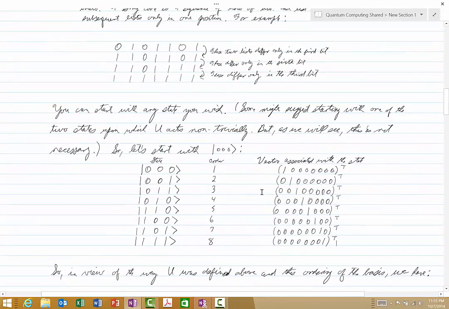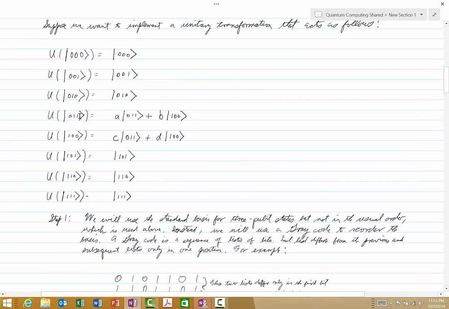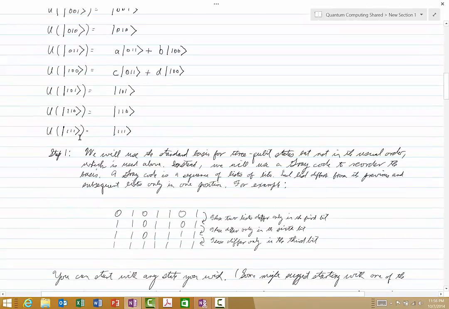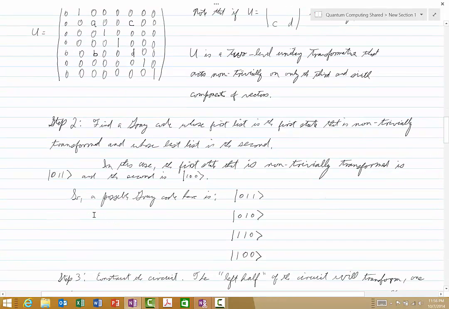So if we come up here and remember that 0, 1, 1 is the third entry and 1, 0, 0 actually is the sixth, then obviously 0, 1, 1 is the first state that is non-trivially affected. 1, 0, 0 is the second one. So in step 2 we want to find a gray code that has 0, 1, 1 as its first list and 1, 0, 0 as the last one.